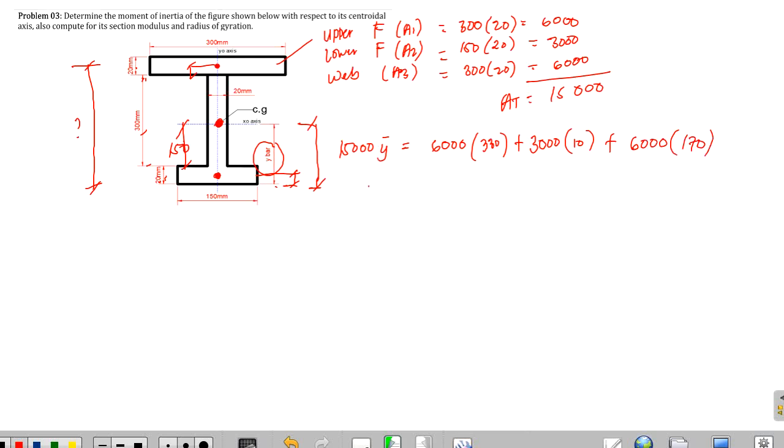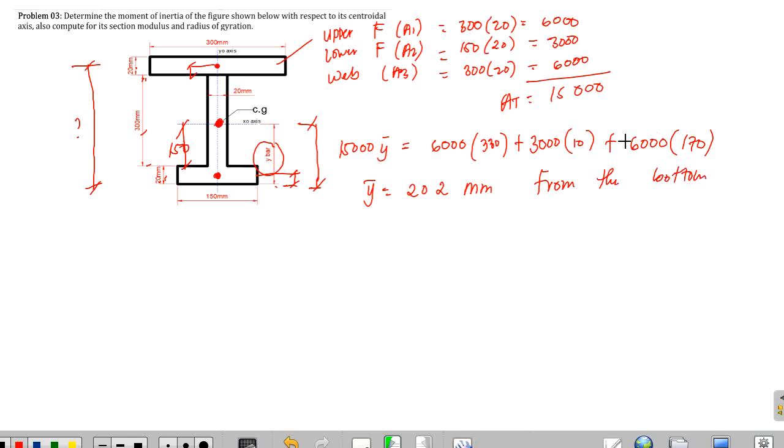Okay? So computing for the value of y bar, that is equal to 202 mm from the bottom.